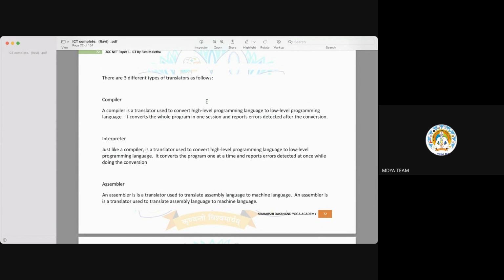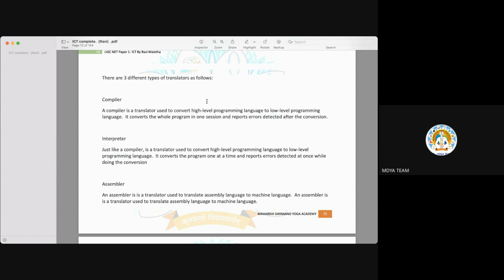The compiler is the translator which is used to convert high level language to low level programming language, and it converts the whole program in one session and reports the errors detected after the conversion.